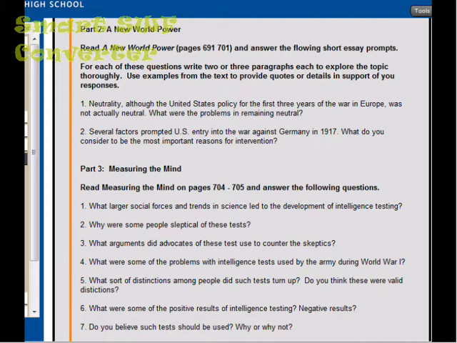Okay. Several factors prompted the U.S. entry into the war against Germany in 1917. What do you consider the most important reason? Well, let's look first at Roosevelt starting to clamor for Wilson to jump into the war, and you have this big public fight going on where half of the citizens are sticking to Wilson's platform of neutrality, and others are saying, no, you got to jump in.